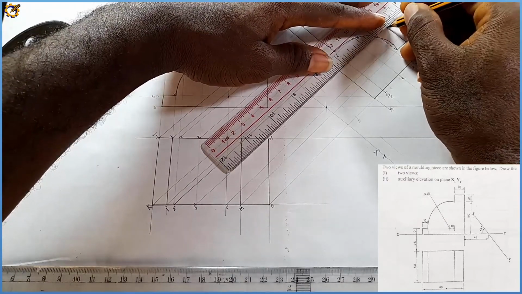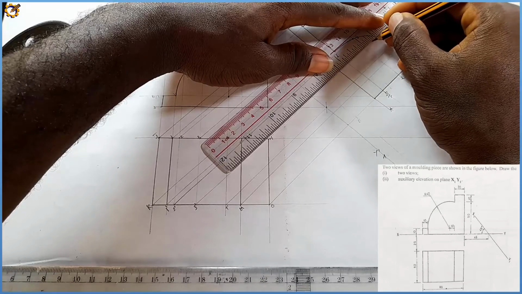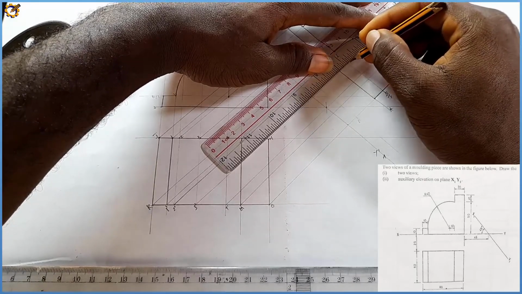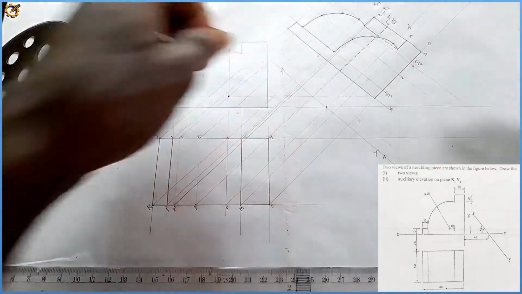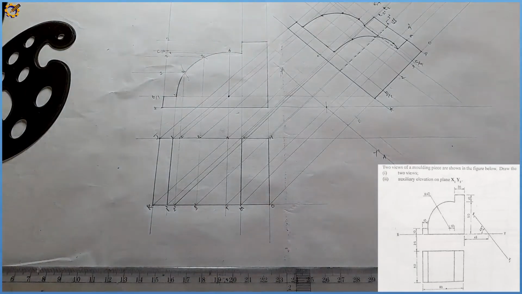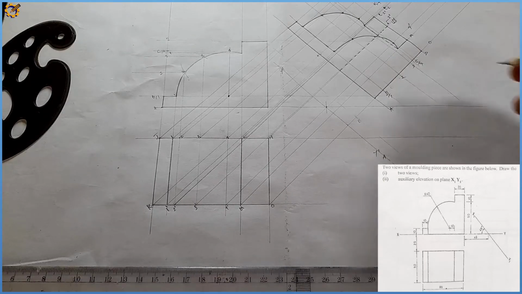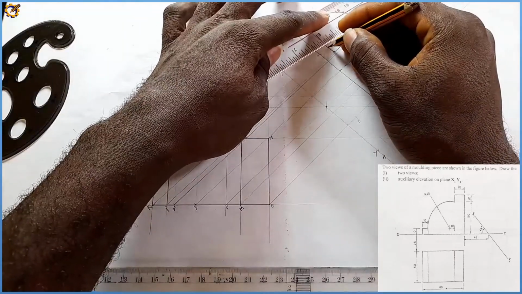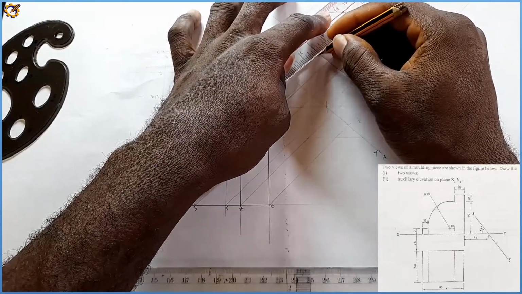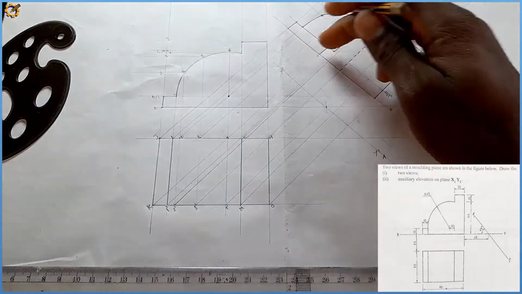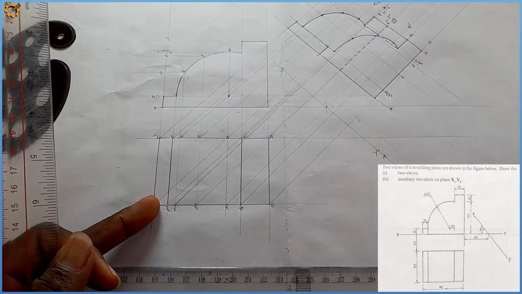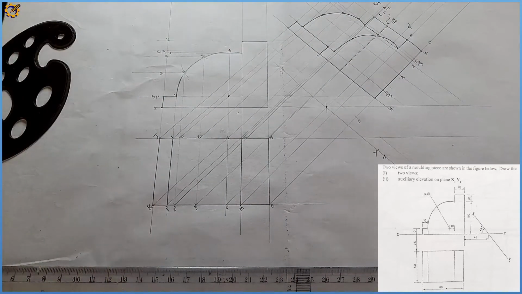So it's going to come right here like this. Now we have point N right here. What else? J, K. I'm going to join this point of K like this also, here to here. So this brings us to the end of the problem on the screen.